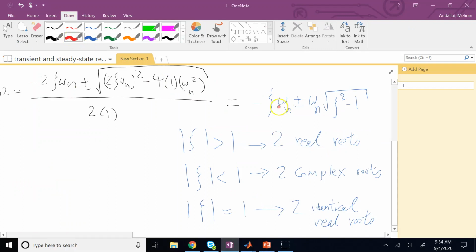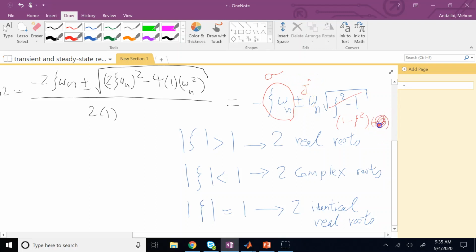You can see these roots from here too. This term is called sigma. And here, instead of zeta squared minus 1, since zeta is less than 1, you write it as 1 minus zeta squared times negative 1. The square root of negative 1 comes out as j, or i, the complex basis.